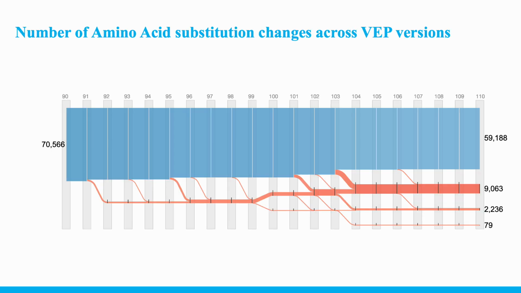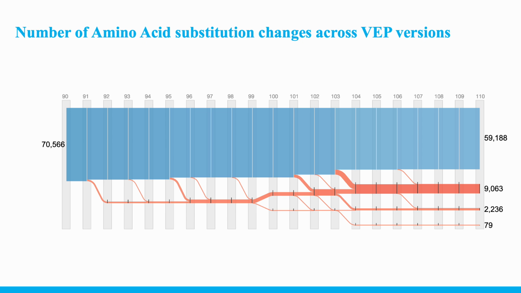We asked the question, do variants remain unchanged across these versions? The blue part of the flowchart is the number of variants that remain unchanged across all versions. As variants change with updates to the database, they get paired off into these orange flowcharts.